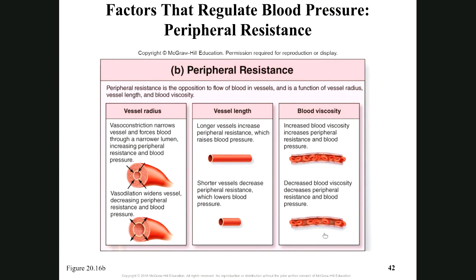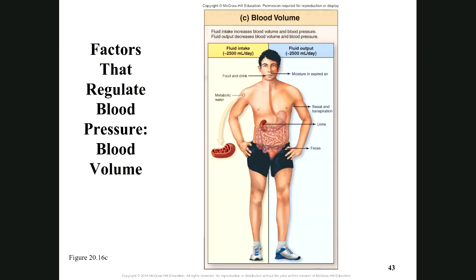So these factors can affect our blood pressure. And the last factor is the blood volume. You know that fluid intake can increase the blood volume and the blood pressure, and the fluid output can decrease the blood volume and blood pressure.